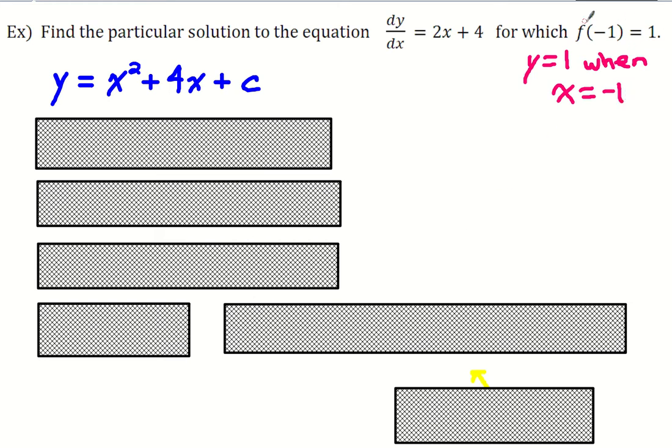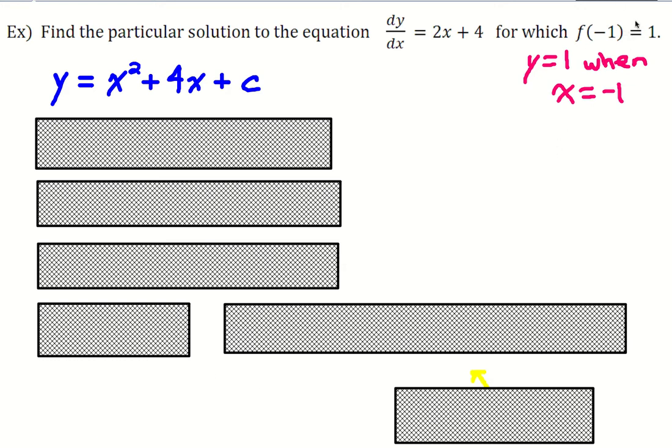So this is essentially what this is saying: when x equals negative 1, y will be 1. So f of negative 1 equals 1. And that's what you probably heard Mrs. Klutz say at least once or twice. It's called an initial value.